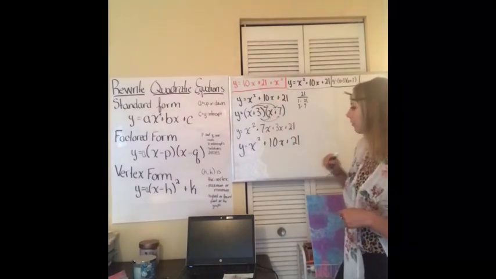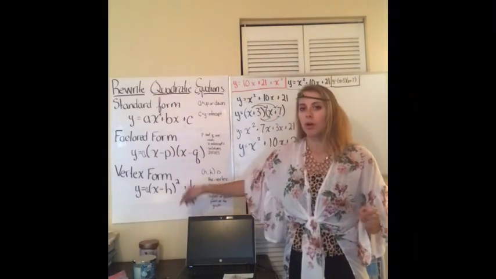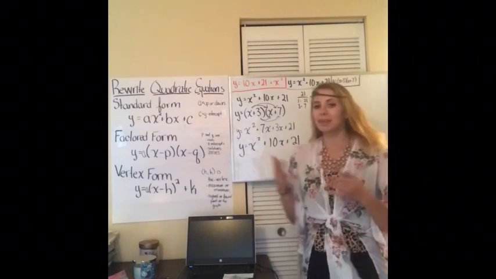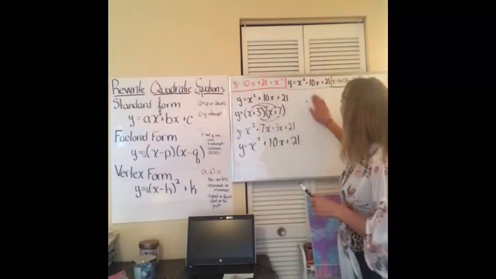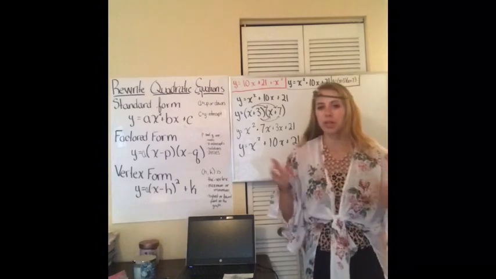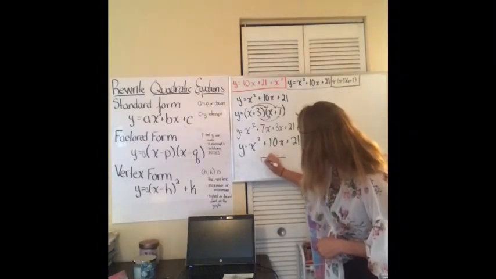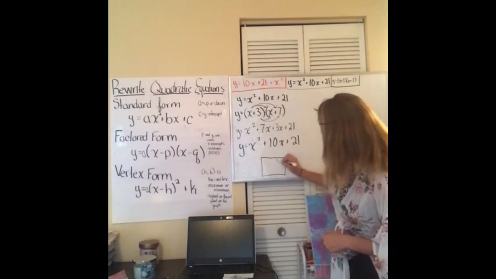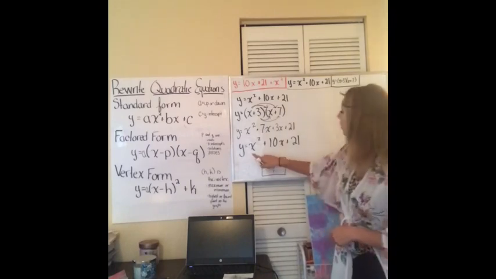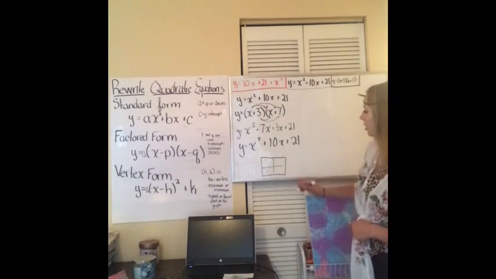Now to get from standard form to vertex form, we are going to do our process completing the square. So completing the square is that activity where you leave space. You draw on your square. Right, here's my square. It's not very pretty, but that's okay. And you're going to put these pieces into your square.